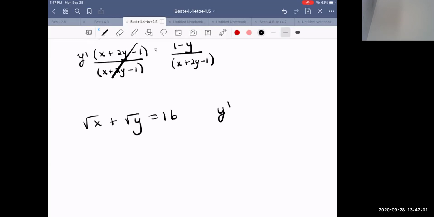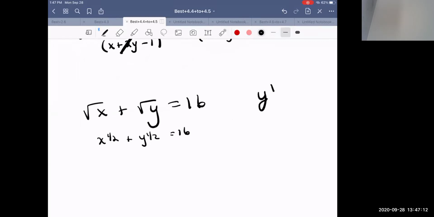All right, so we want to write radicals as x to the 1/2 plus y to the 1/2 equals 16 because it makes our derivative taking easier. If we take the derivative of x to the 1/2, we know that's 1/2 x to the minus 1/2 by power rule. And the derivative of y to the 1/2 is 1/2 y to the negative 1/2 by the power rule.